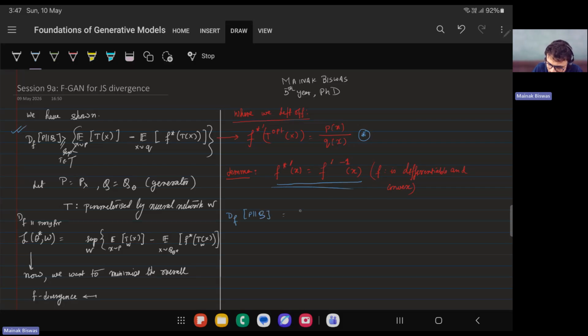So we know that this holds if T contains all possible functions. So then it is defined as a supremum over the function T from the entire set of functions. And we have the expected value of T(x) minus the expected value, sampled from the other distribution, of f star, the conjugate, of T(x).